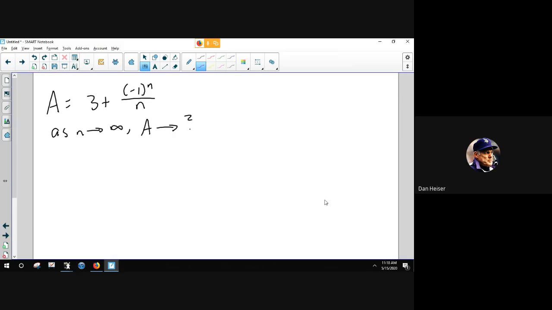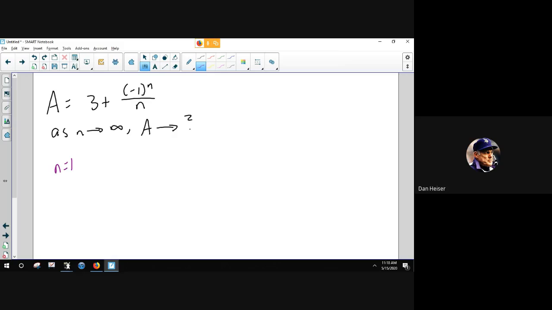Here's another one that might not be as obvious at first. As n grows, what's happening to a? So a is this right here. Let's plug in a few values and see what happens.